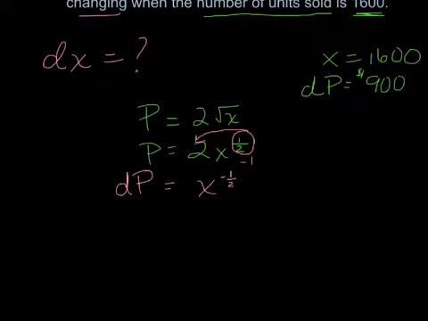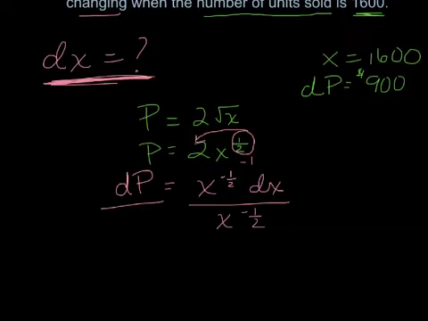And then I'm going to put dx. We always put d, the derivative of our variables, whatever they are. Doesn't matter what they are. It could be a p, x, r, v. It doesn't matter. Okay? And then again, I'm trying to get dx by itself. So move this x to the negative 1/2 power over.